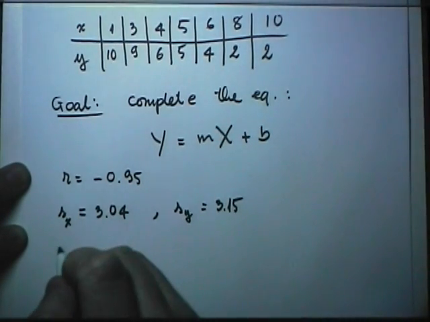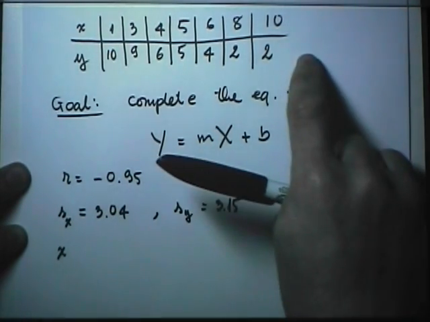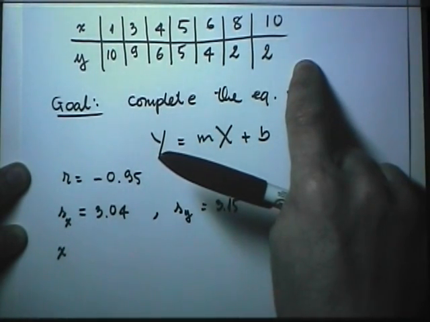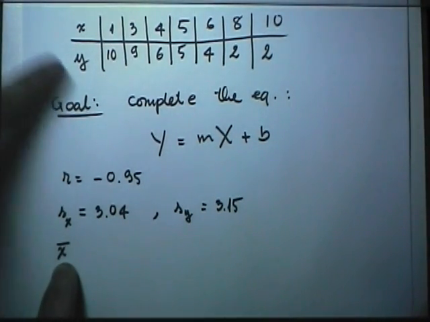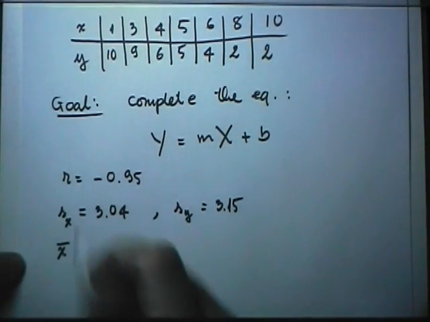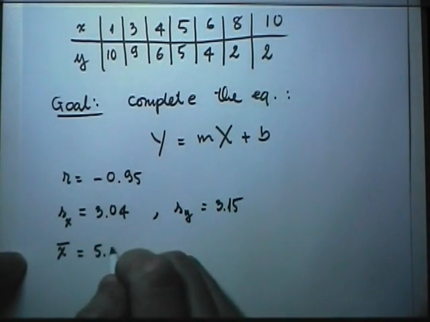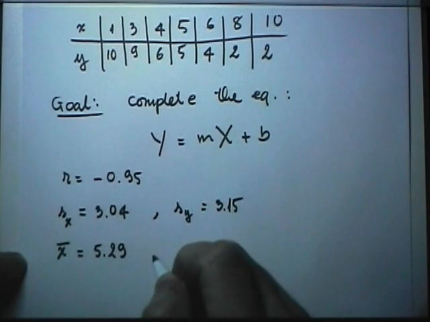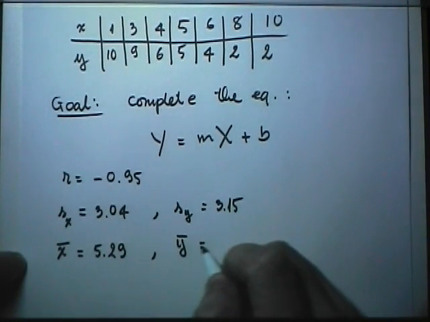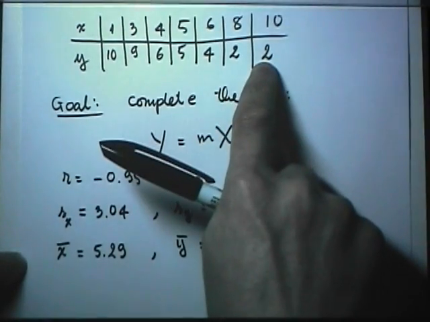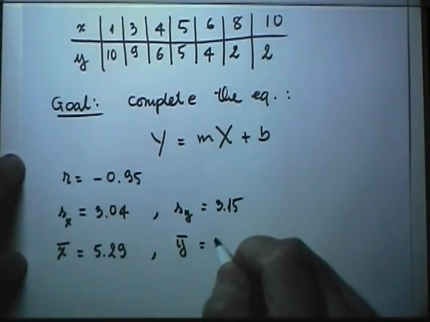And I also learned that X bar, which is the mean of all the X values for this data, is 5.29. And Y bar, which is the mean of all the Y values, is 5.43.